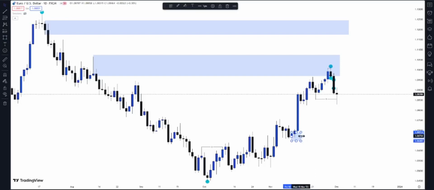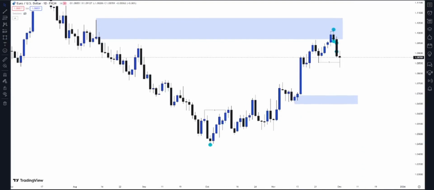This OB, I hope that is the right OB. Yes, because it has an imbalance. So that's our DOB, and then this will become our extreme OB, guys.